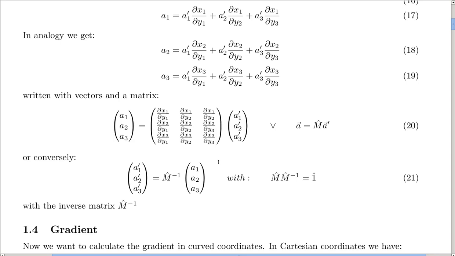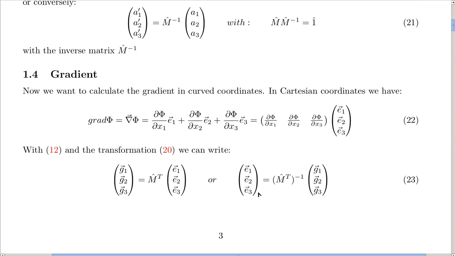So that means the left side here would be the right side of the equation. And that's clear. A matrix multiplied by its inverse is the unity matrix, the neutral element of the matrix multiplication. So we have here the inverse transformation. Okay.